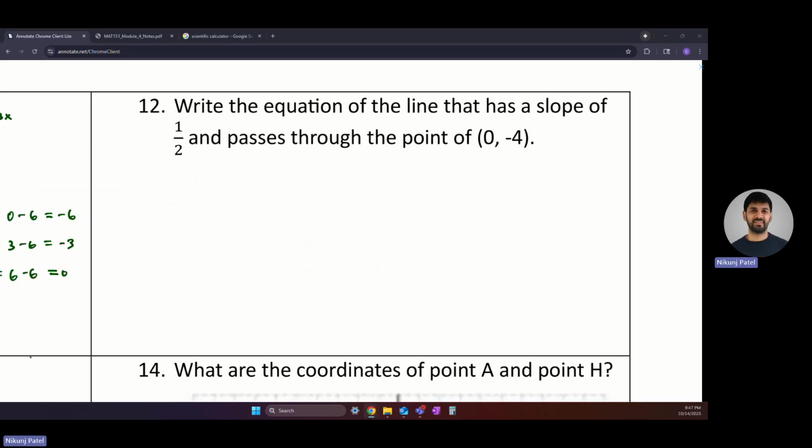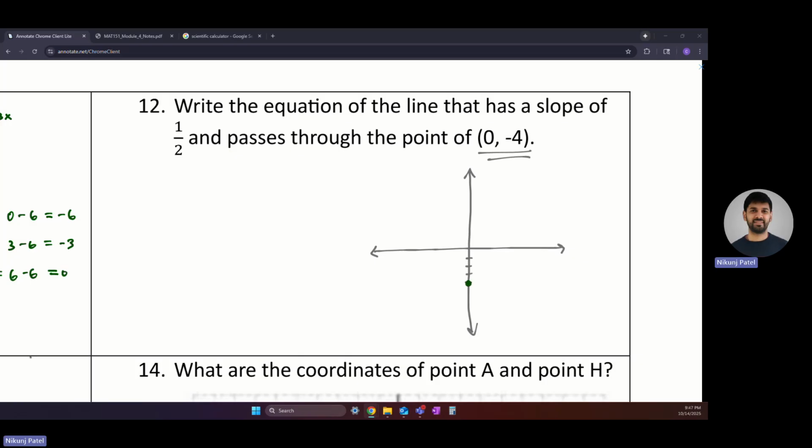Number 12 says, write the equation of the line that has a slope of 1/2 and passes through the point 0, -4. So I think the best way to approach this one is visually. Visually, we see a couple of things. We see this point right here, 0, -4.